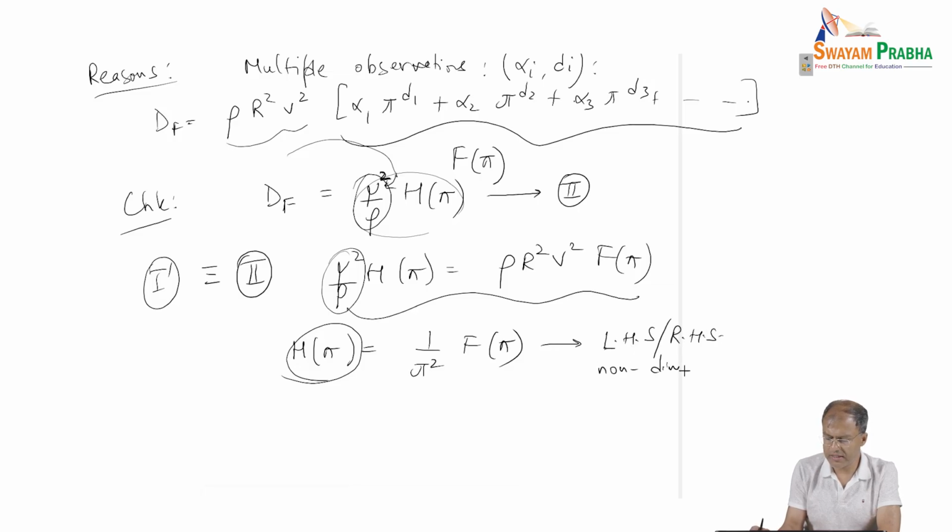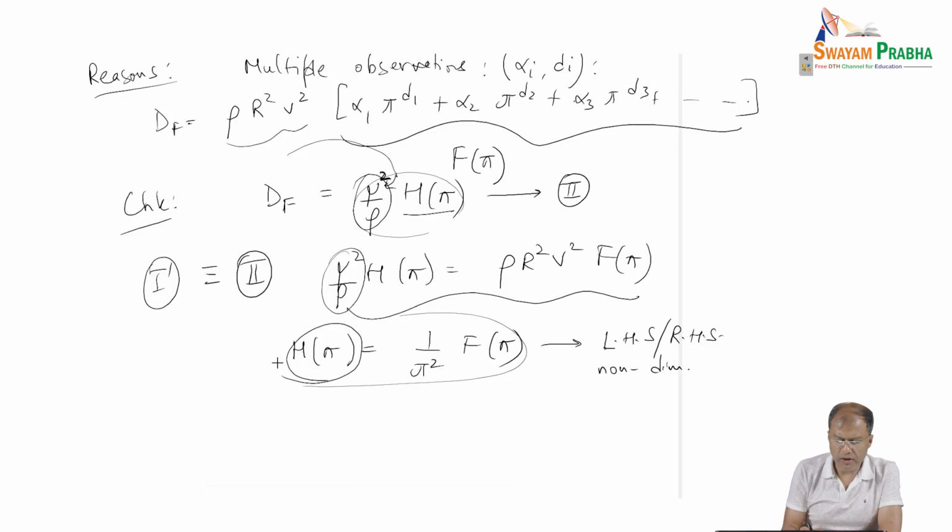So we have come to the fact that the functional form is irrelevant. It's just a function, right? As far as the dimensional analysis of a variable is concerned, we can take an arbitrary function in front of this drag, an arbitrary function of the dimensionless group pi.